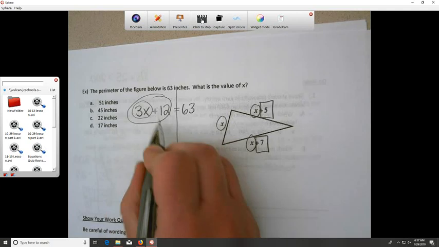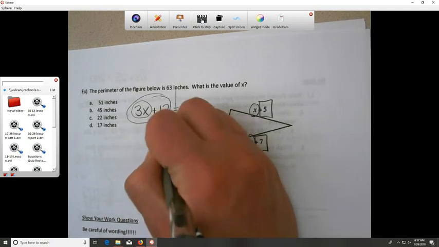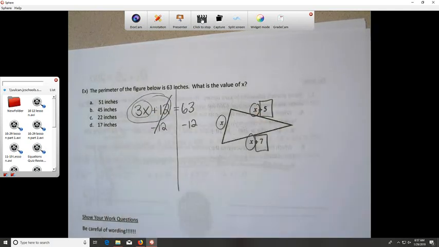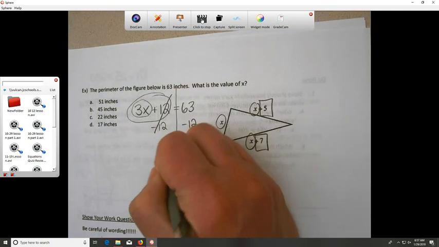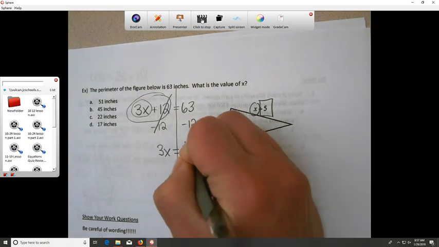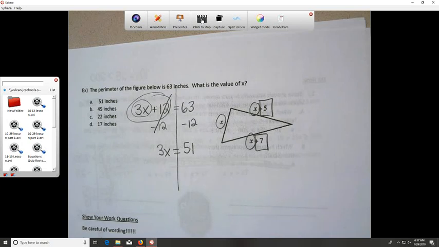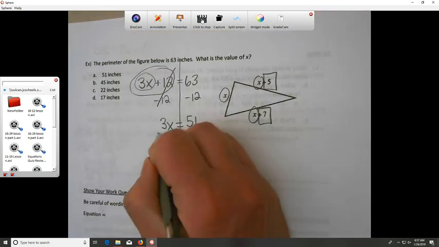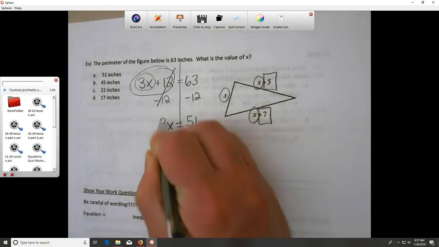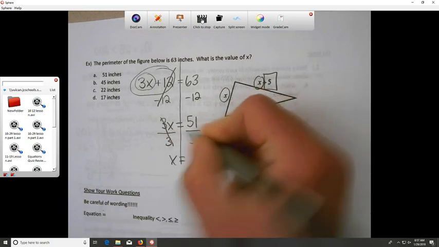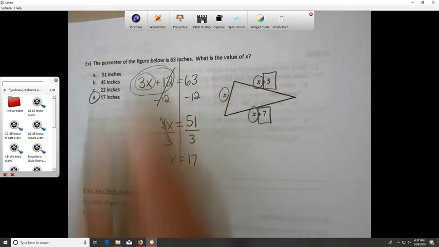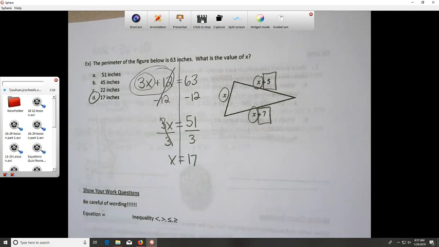So I'm going to undo the outer layer first. So I'm subtracting 12 from both sides, so those cancel out, and I get 3x equals 51. And then since this is multiplication, I'm going to divide both sides by 3. And 51 divided by 3 is 17. So we get 17 inches.